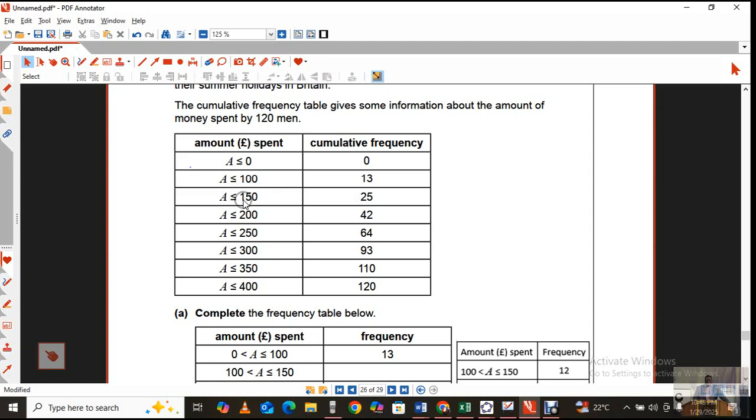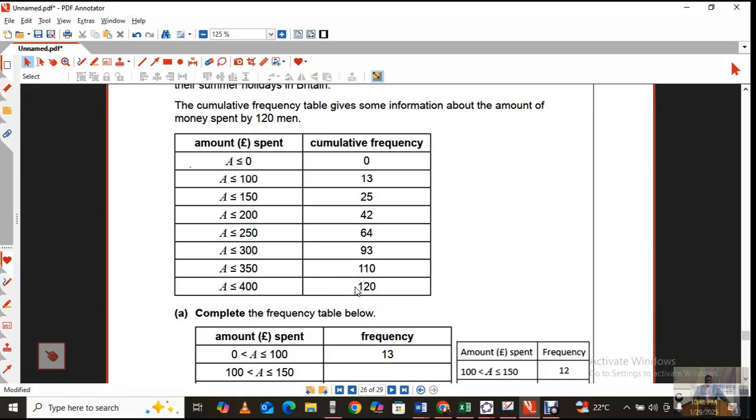But the people who spend less than 150 are now 25. People who spend less than 200, and this is where I want to come in. This 200 here, the people who spend less than 200 are 42. Okay. And the people who spend less than 250 and so on. That's what it tells you. People who spend less than 400, 120.